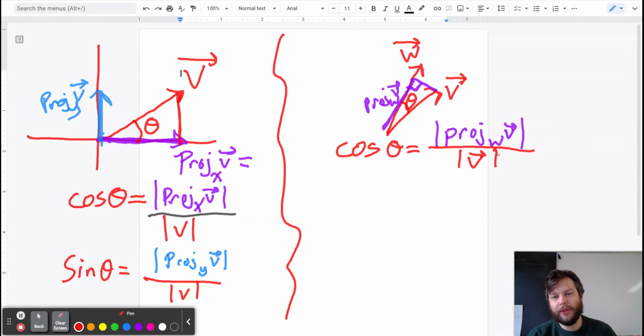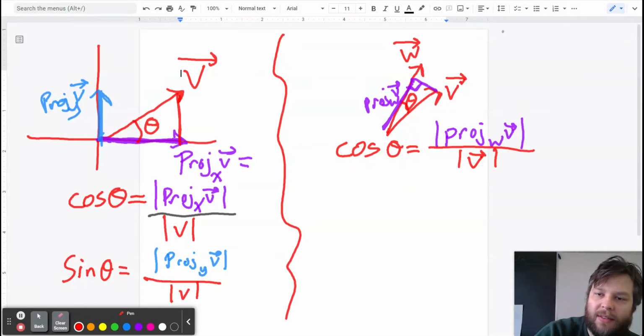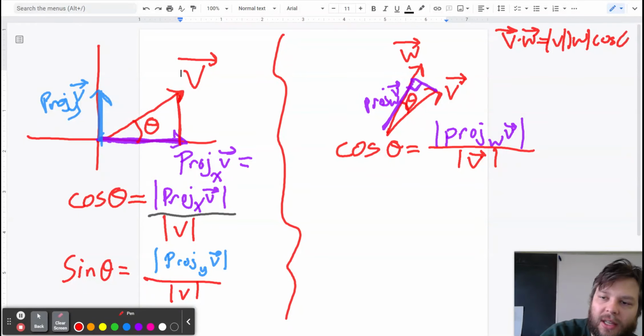Okay, but we can do a little bit better than that, because cosine of theta is defined in terms of the dot product. So if you remember from dot product here, we have that for any two vectors, v dot w is magnitude v, magnitude w, cosine theta.